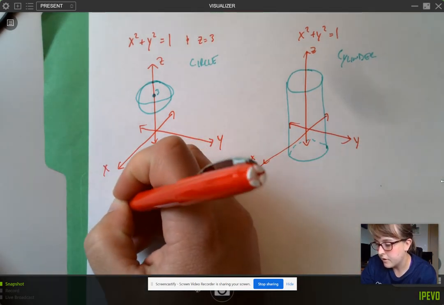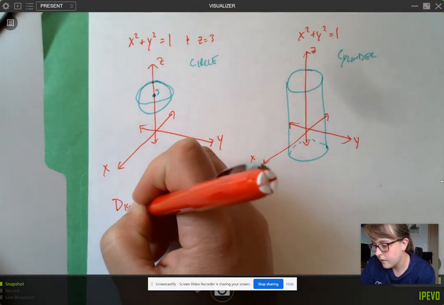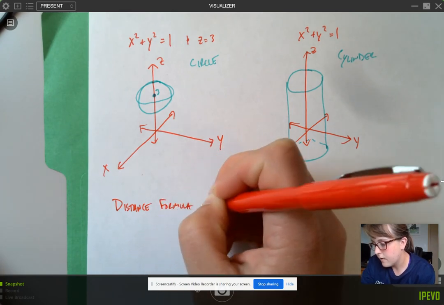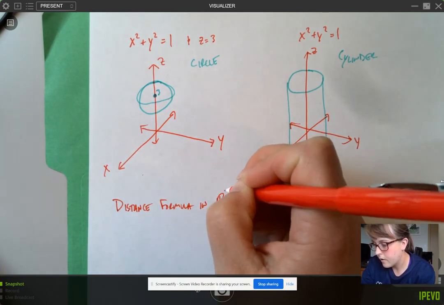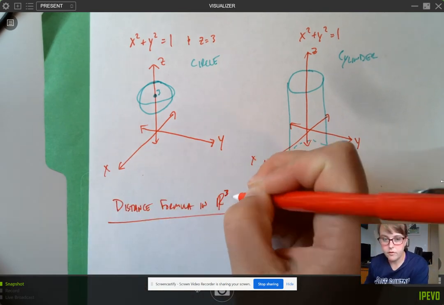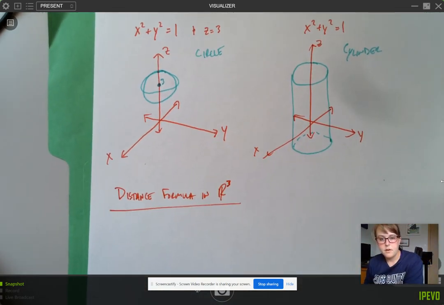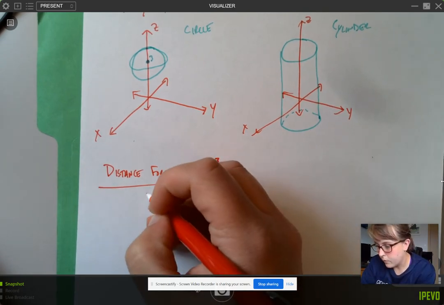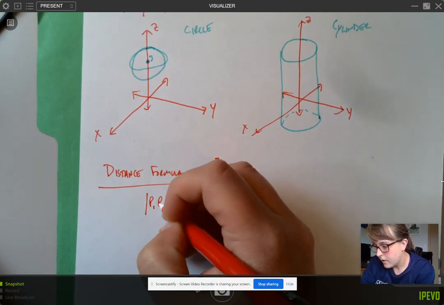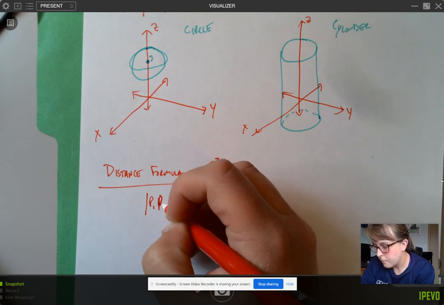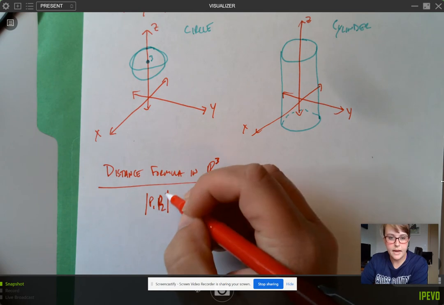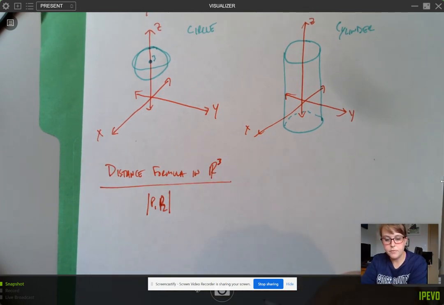So here we go, distance formula in R3. Okay, so first off, we're going to define distance. We're going to use P1, P2. So it's going to look kind of like absolute value of P1, P2.